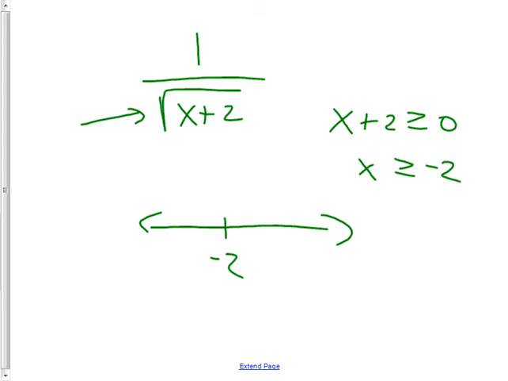Negative 2 normally would have worked, and anything bigger would have worked, and this would normally be the right answer. But be careful if it's ever a denominator, because then you can't let it be 0, so this little circle has to be an empty circle, not a filled-in circle. And that makes your answer negative 2 parentheses to infinity instead of bracket.